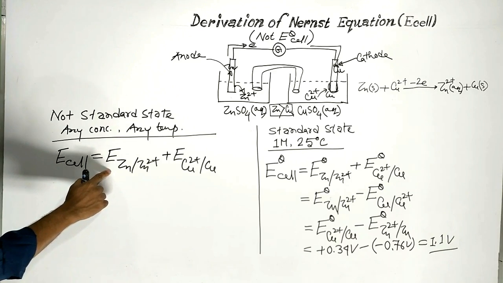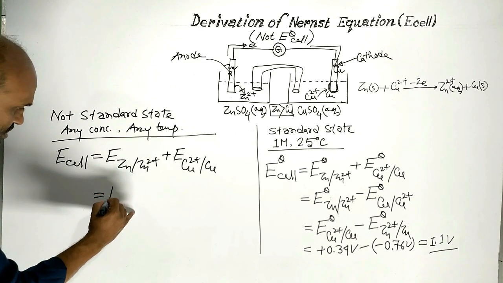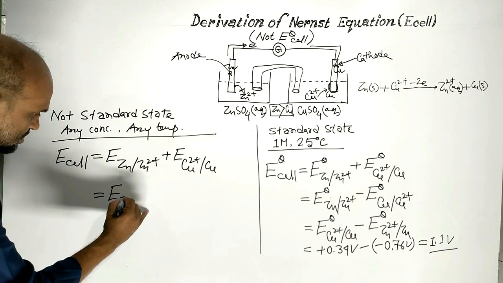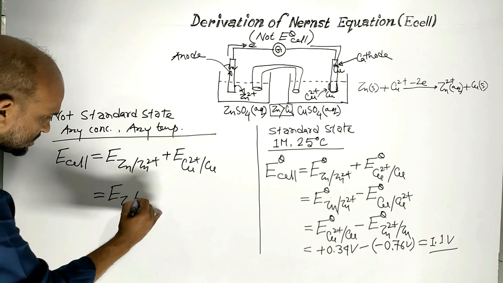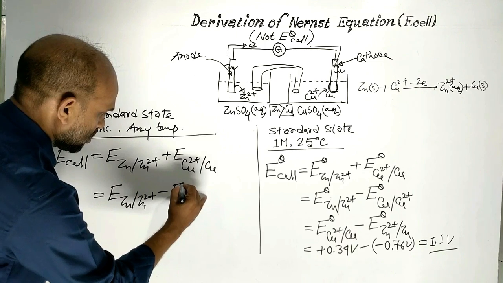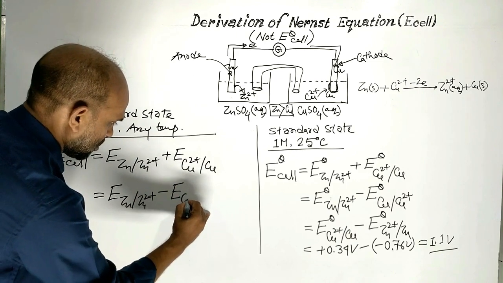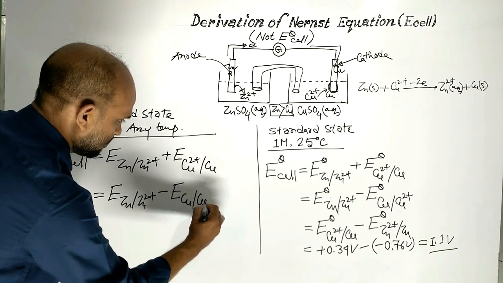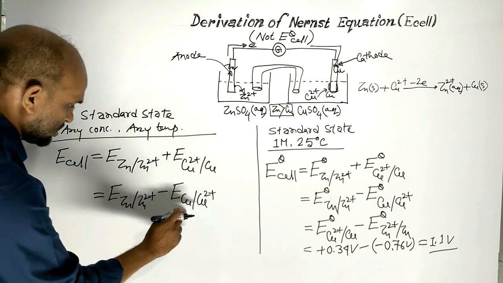This is one equation. Another equation: non-standard state oxidation potential of anode minus non-standard state oxidation potential of cathode.